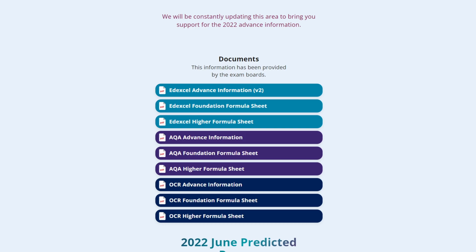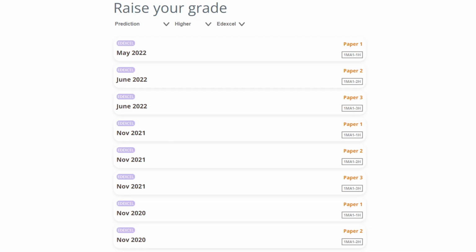And finally, just to say that we do have papers on there already, and those are from before the advanced information came out, so they are completely based on last year's paper, the year before, etc. Actually, there was no paper last year, but the last time that there was an exam. So they are not configured for the advanced information, which only came out today. I'm speaking on the 7th of February, by the way, so if you're wondering what I mean by today, it's when I recorded this.